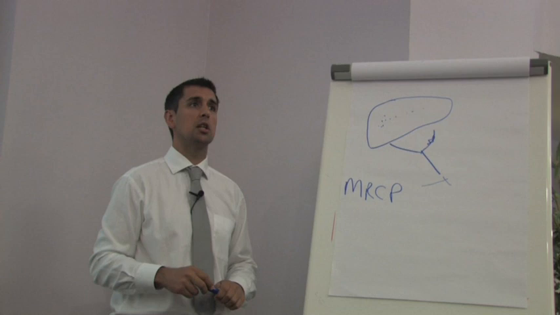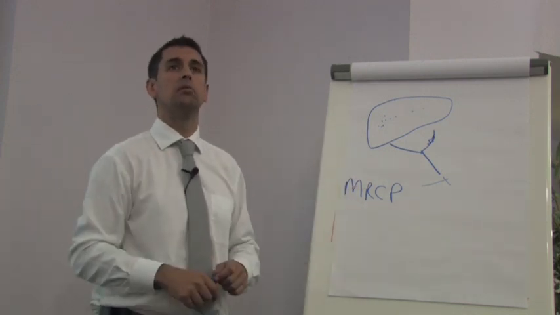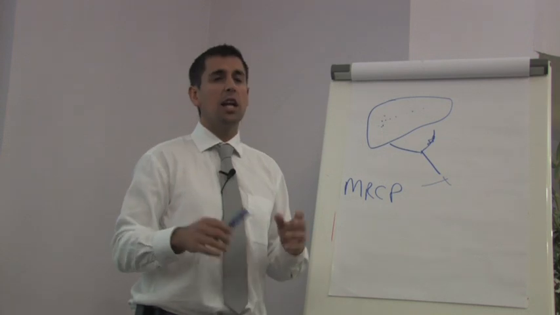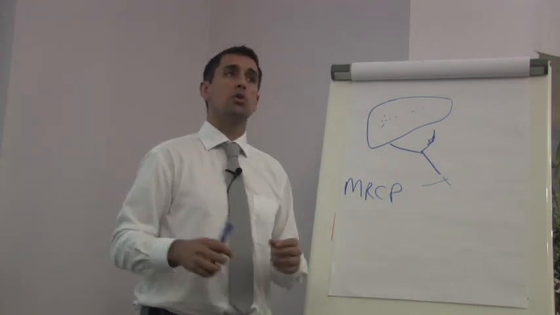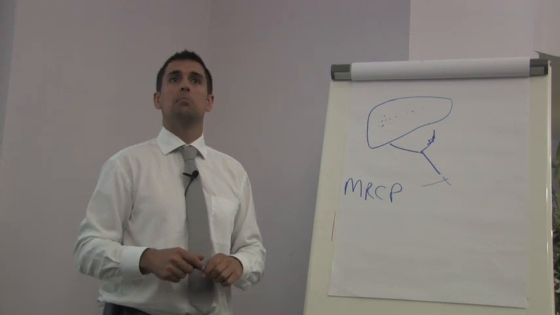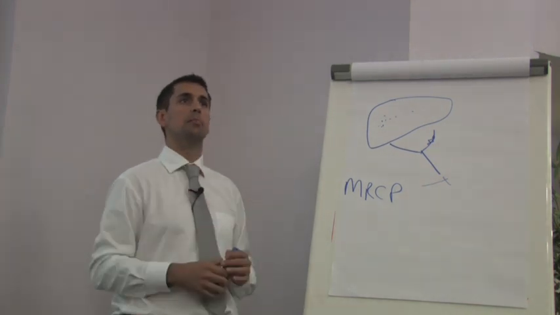What autoantibody, if we did the test and somebody had raised ALP and slightly raised ALT, and we did the test looking for autoantibodies and we found P anchor, what's going to be our diagnosis, Ram?